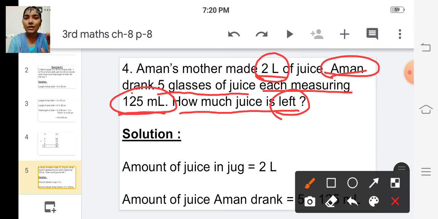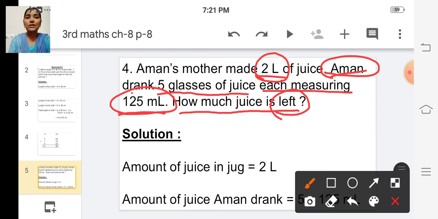Read the question properly, understand the question, and decide whether it is addition or subtraction. If they ask total amount, total length, total weight, then it is addition. If they ask what is the remaining part, what is left, then we have to subtract.